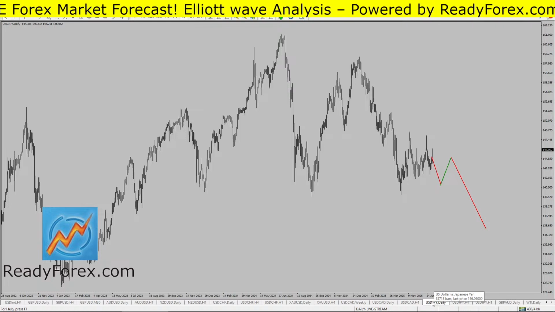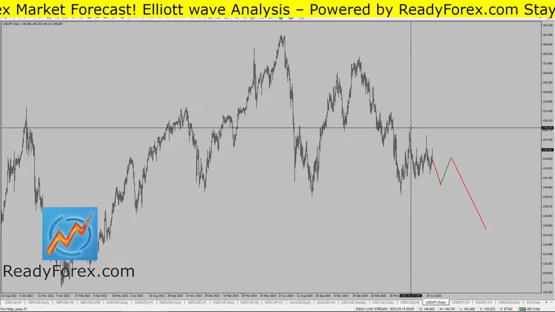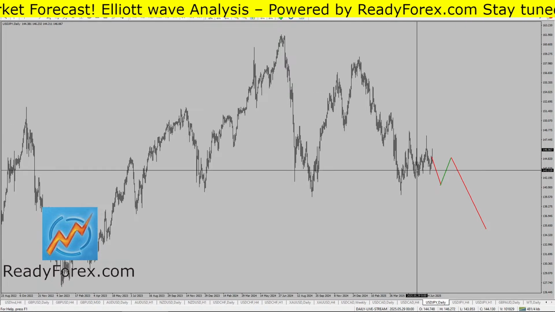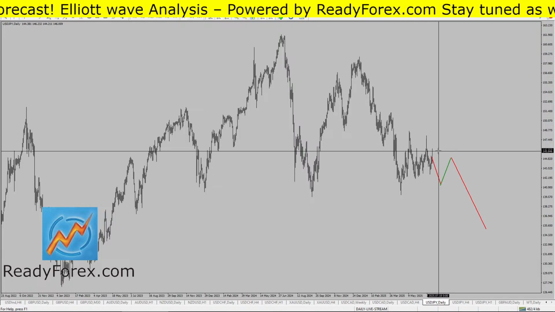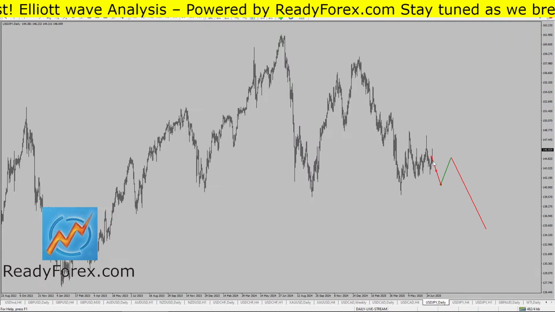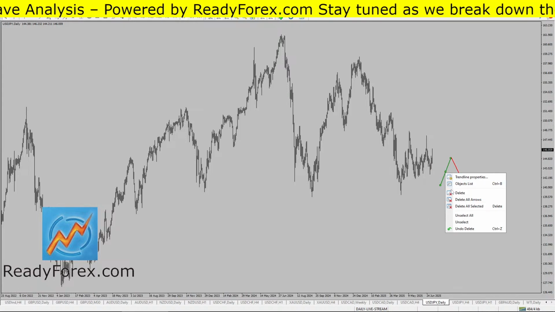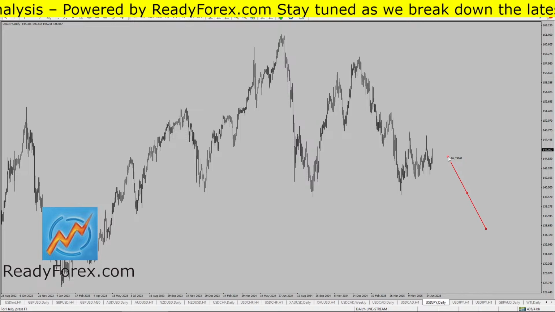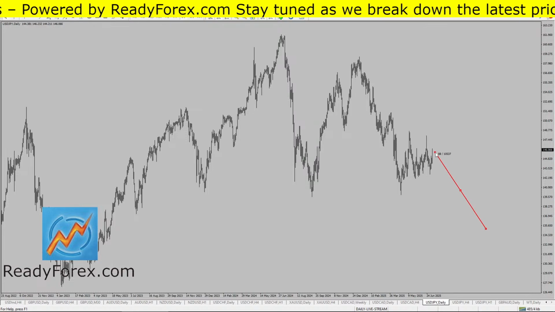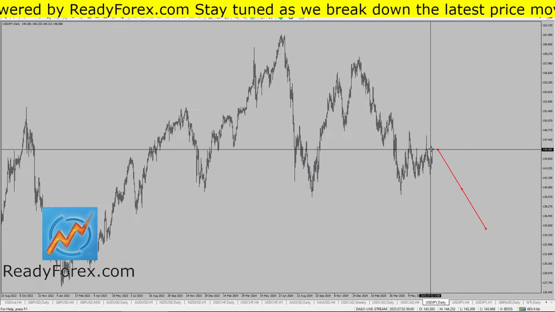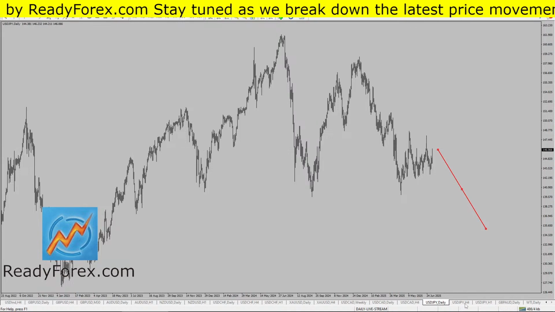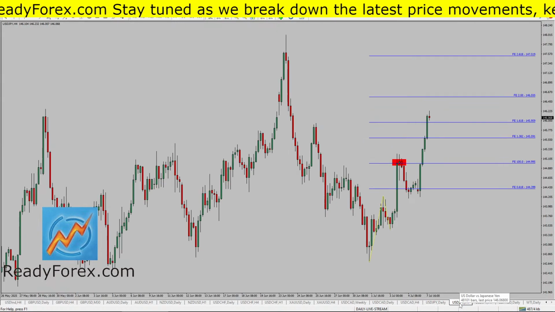US dollar JPY currency pair, we got this as bullish, maybe wave A, B, C, D, and E, and then maybe the move is over. So if that is the scenario, it's quite possible that USD-JPY is going to drop after completing this last wave E leg.